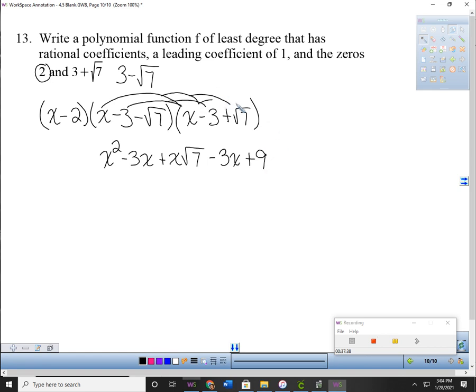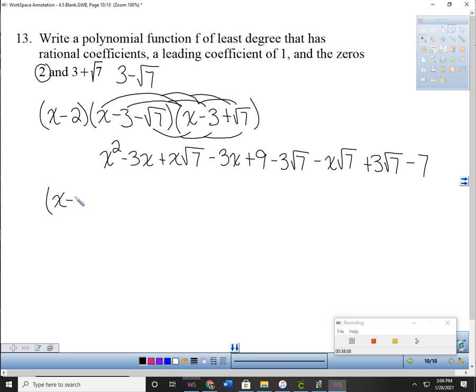And negative 3 times the square root of 7 is negative 3 square roots of 7. Then distribute your negative square root of 7. Negative square root of 7 times x is negative x square roots of 7. Negative square root of 7 times negative 3 would be a positive 3 square roots of 7. And a negative square root of 7 times a positive square root of 7 is a negative 7.